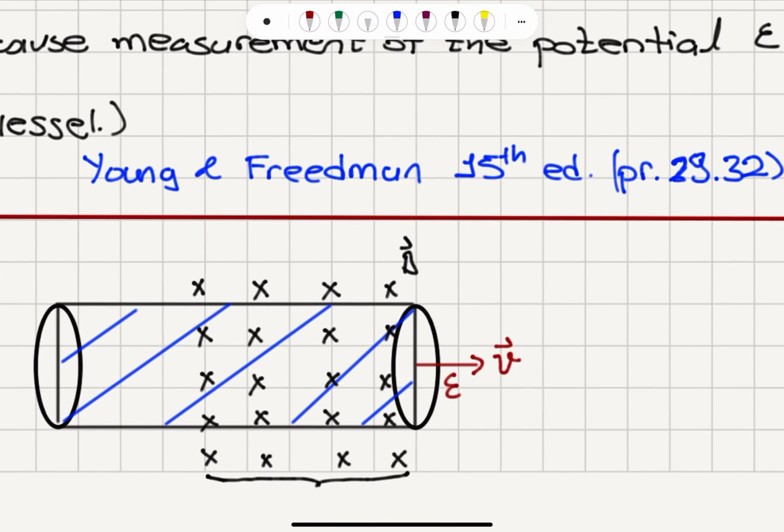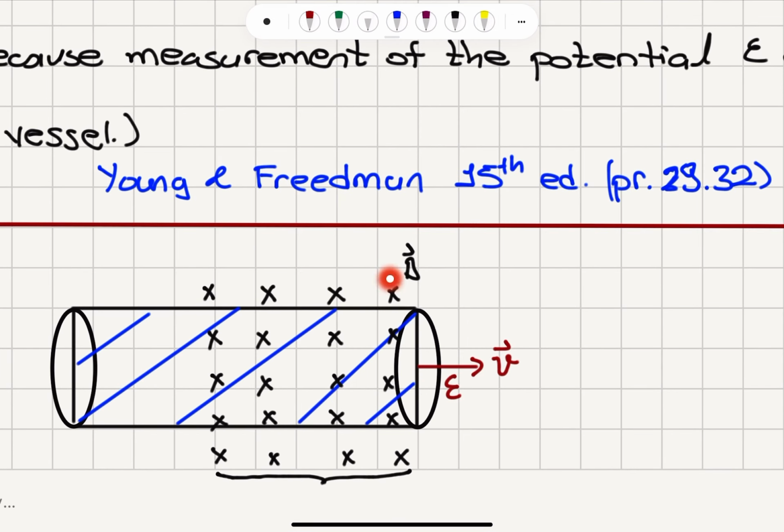Now, if we place this blood vessel in a magnetic field and it moves into this magnetic field, in a time interval t, the total length inside the magnetic field will be Vt.